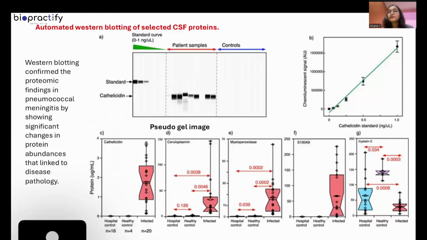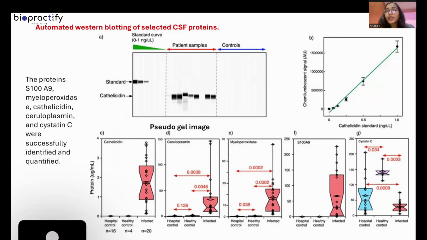There are 5 proteins: protein S100A9, myeloperoxidase, cathelicidin, ceruloplasmin, and cystatin C. In the figure panels C, D, E, F, we can see that all these proteins get upregulated, or are highly present in the infected samples, but not in the control. But in the last figure, figure G, cystatin C can be seen down-regulated in the infected samples.